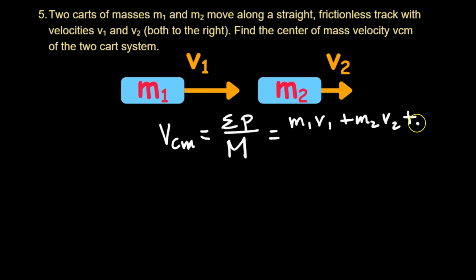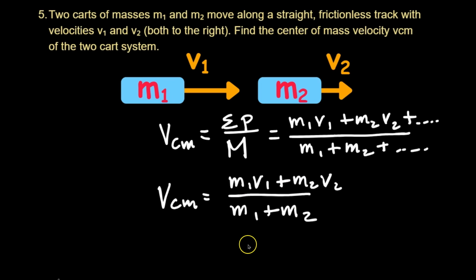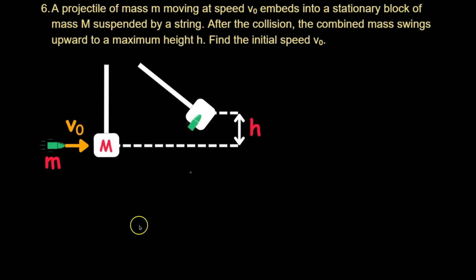We can write this as m1 v1 plus m2 v2 plus ... divided by m1 plus m2 plus ... Using the given variables, the center of mass velocity is simply equal to m1 v1 plus m2 v2 divided by m1 plus m2.